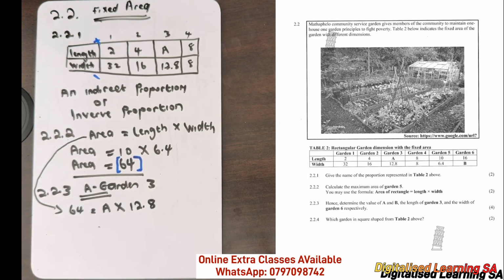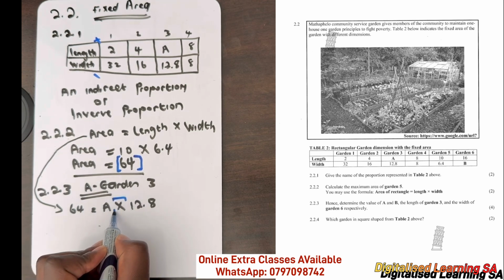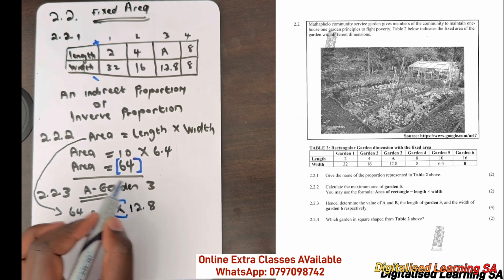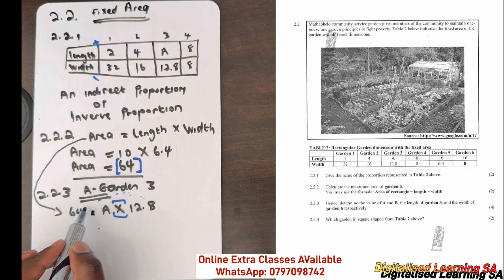Now I'm going to teach you a very important trick. In the middle we have a multiplication sign. If we want to remain with A, we don't take 12.8 to the other side.